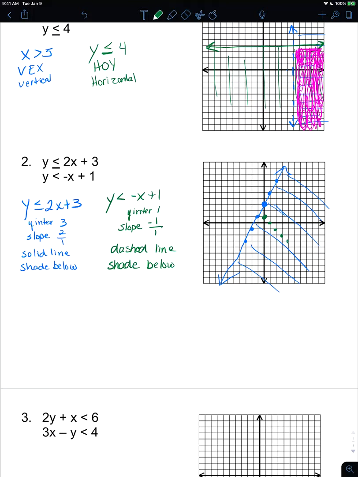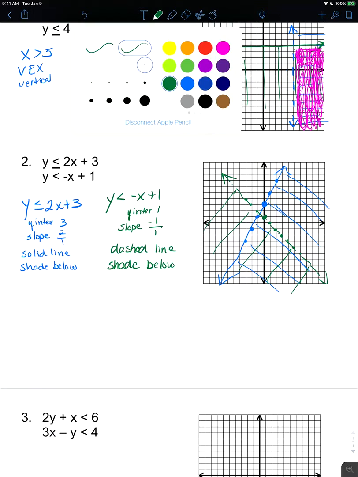Down 1 over 1, all the way through. Dashed line. And it is below the line, so it's this area here.